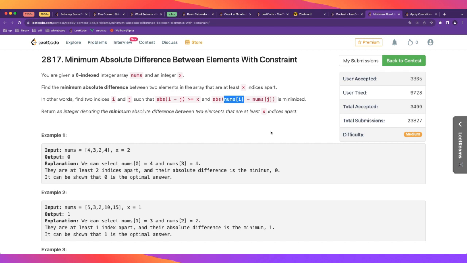So with that approach, the problem reduces to finding a data structure that can solve this kind of query of finding the closest value to a given value quickly. Of course, not in linear time.